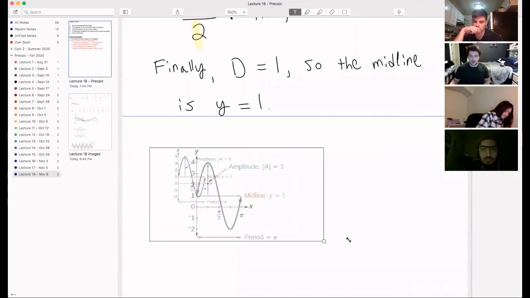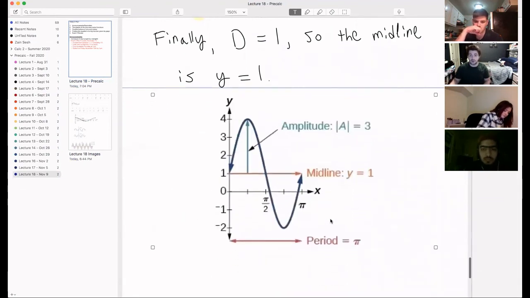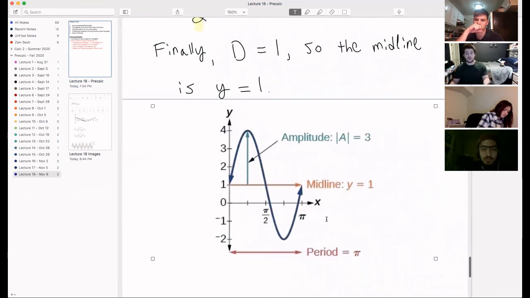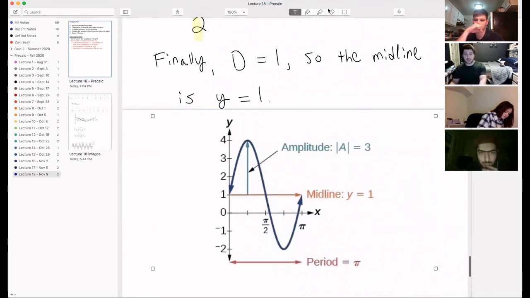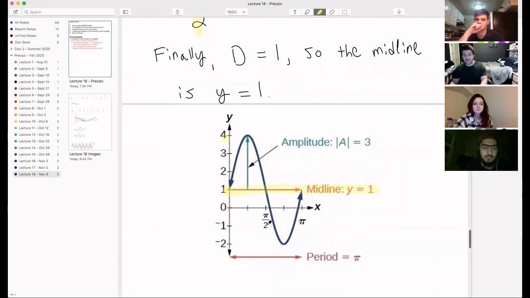Here is the picture of what we just did. The midline is y equals 1, and you can see that right here. The distance from the midline to the highest point on the graph is 3, because the highest point is 4, and the distance from 1 to 4 is 3. That's the amplitude. You can see that the graph completes one cycle in pi units.